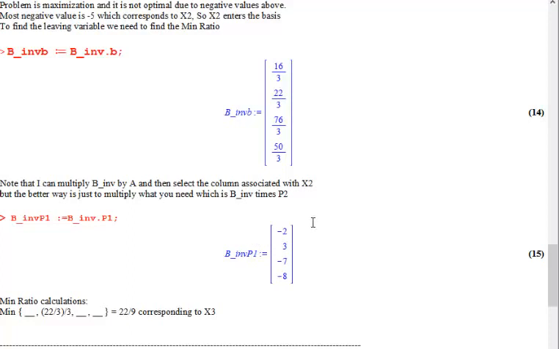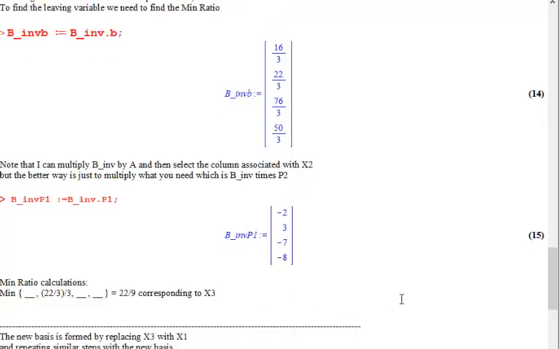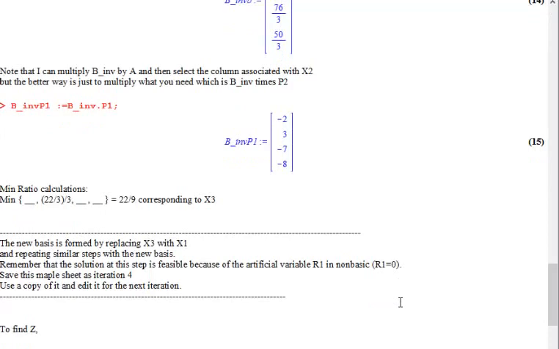And remember, according to our XB, this was X2, this was X3, this was S3, and this was S1. So we do the calculation, and X3 leaves the basis, and what enters? X1. So X1 is going to replace X3 in the new iteration.